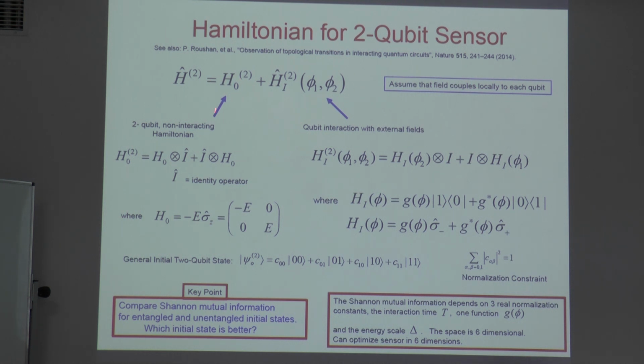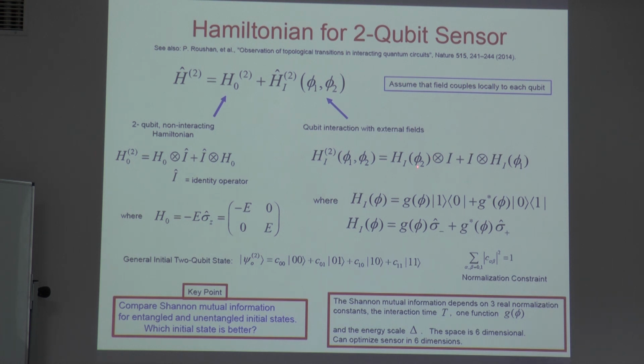Well, you have the Hamiltonian for one qubit essentially here, and you can tensor it with the identity, plus the identity tensored with the one qubit non-interacting Hamiltonian, which we saw previously. That's the non-interacting two qubit matrix. It's going to be a 4x4 matrix. And then there's the interaction Hamiltonian, which depends on phi1 and phi2, the fields in two different positions.